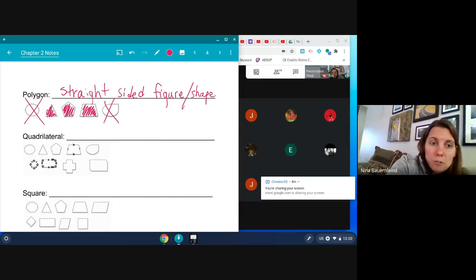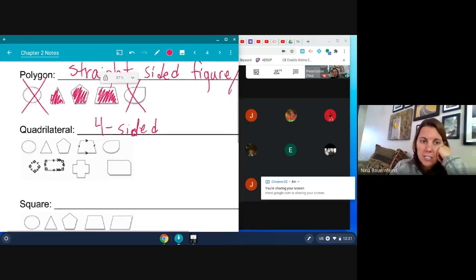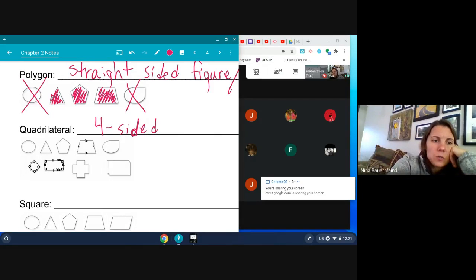Okay. And then a quadrilateral is a four-sided figure. So it has four lines to it. Take a second in your head to figure out which of those is going to have four sides. So this one, no, no, no, yes, because there's four sides.